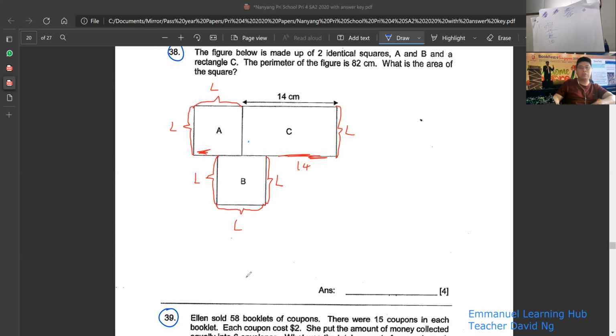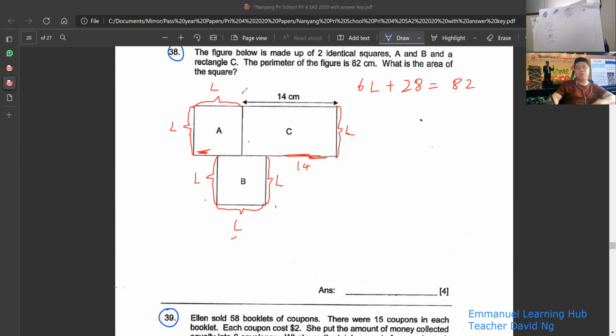So how many L? 1, 2, 3, 4, 5, 6. 6L. Then 2 times 14 is 28. So 6L plus 28 is 82. You understand how I get this?